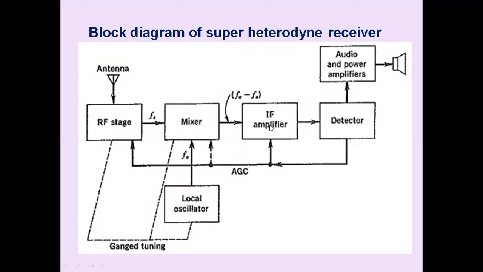The IF amplifier provides most of the gain. If we want more gain, we can provide more gain, which is not possible in case of a TRF receiver. That is the reason it provides better sensitivity, better selectivity, and better bandwidth requirements of the receiver. So the IF amplifier provides most of the gain and bandwidth requirements of the receiver.